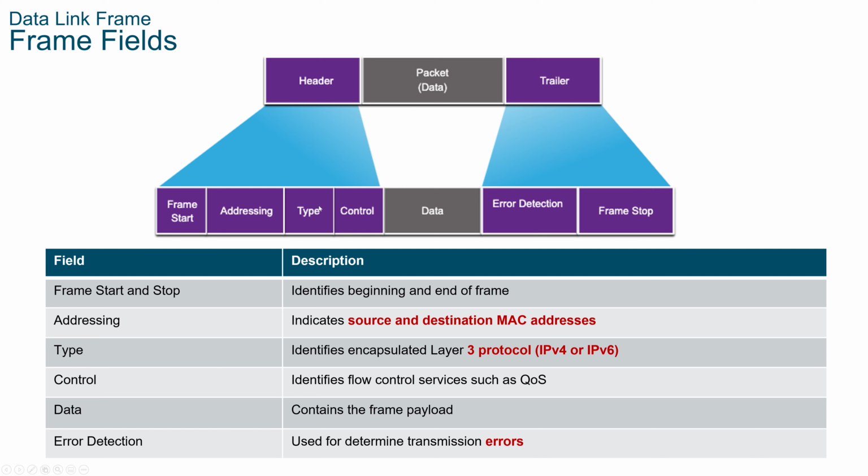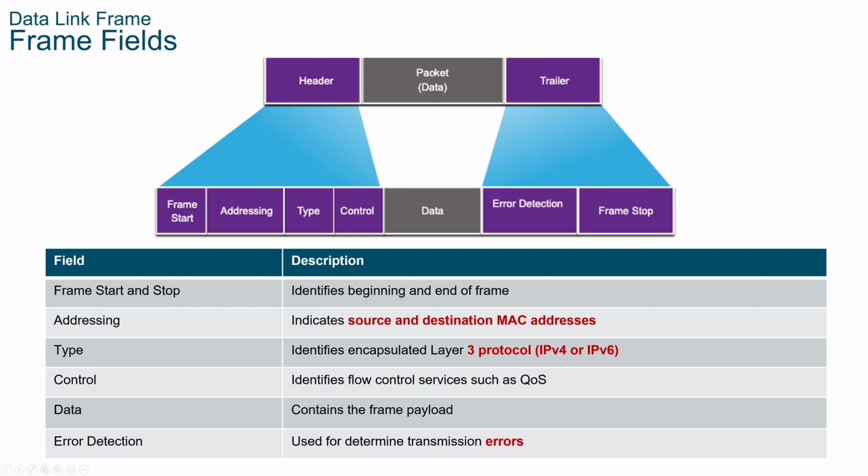So if you have a voice packet as opposed to a data packet, and if you have QoS implemented on your network, this control will be responsible for letting the system know how the flow control should be managed. If it is a voice packet or a video packet, it will get a higher priority over a data packet, for example.